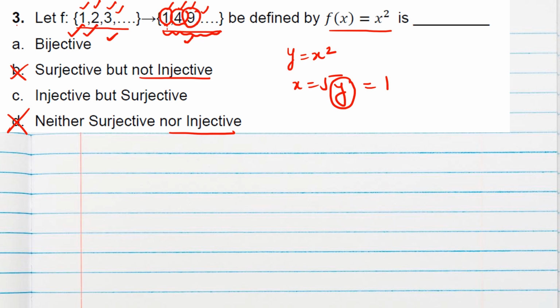Root 9 is 3, root 16 will be 4. That means all elements will come in this particular domain also. So we can say it is surjective, right? So the not surjective option won't come. It is both injective and surjective, so it will be bijective.